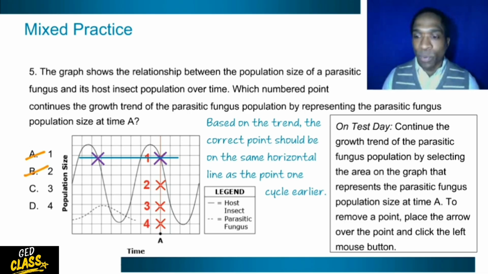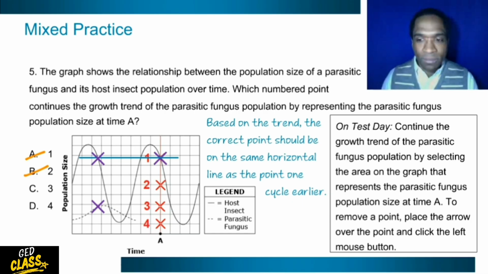Now, that takes us to point 3. And here's where the fungus line is exactly 1 cycle earlier. Let's mark that. So 1 cycle earlier, it's right about there. So once we have that, does that line up with point 3 or point 4?